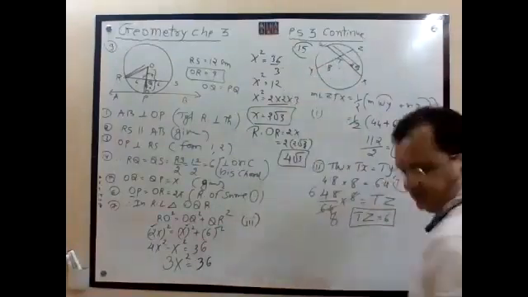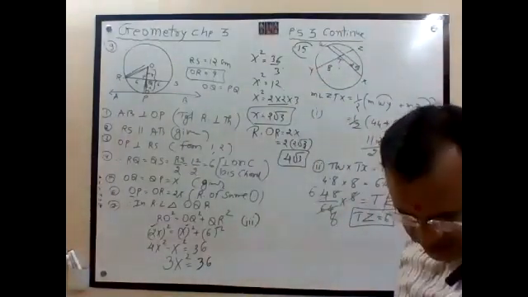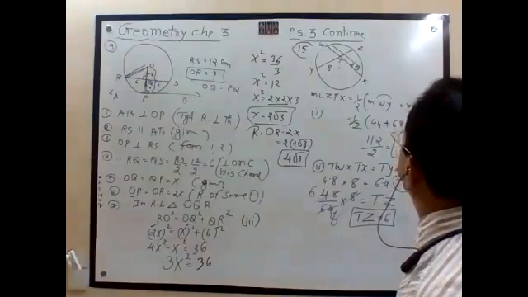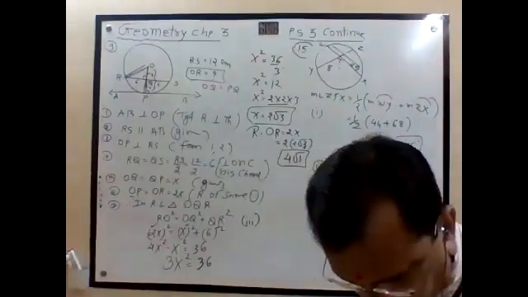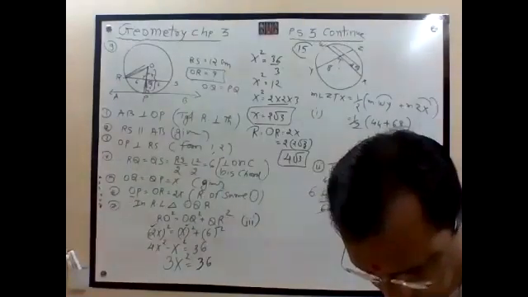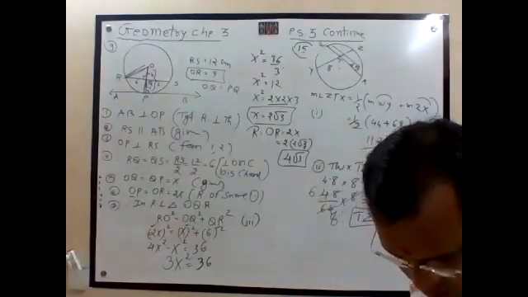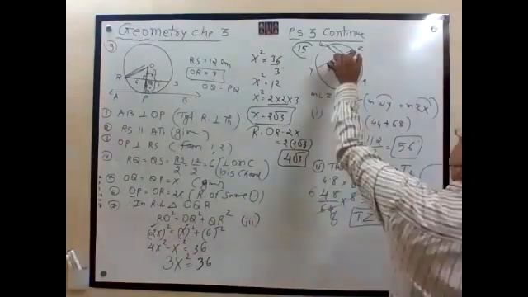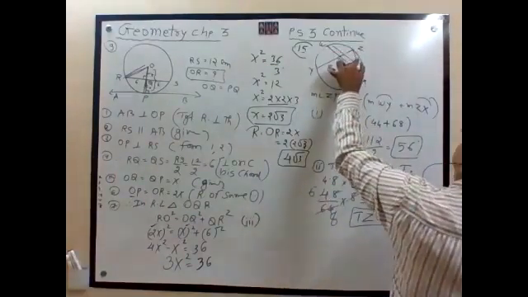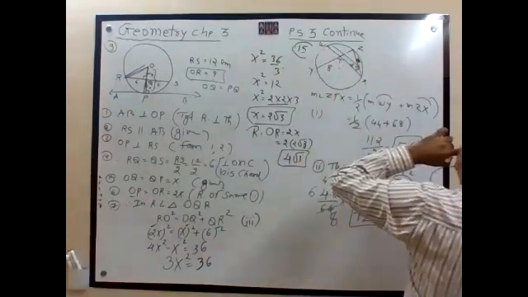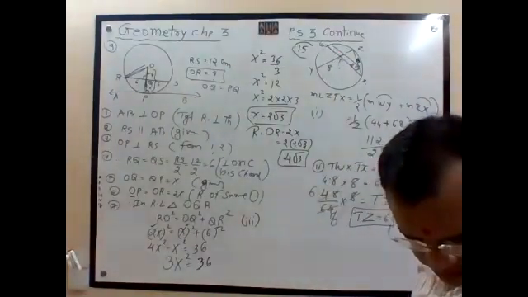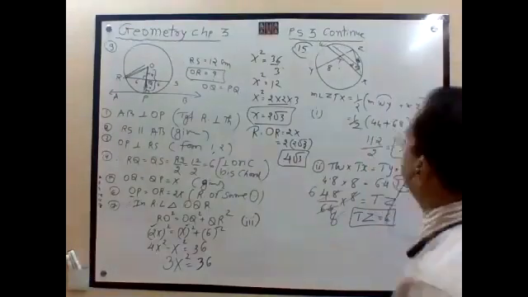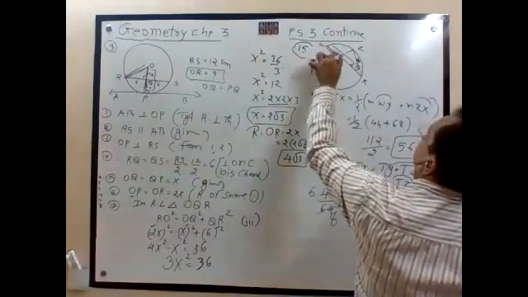ZX is 27. Okay. Find WT. This we have to find.